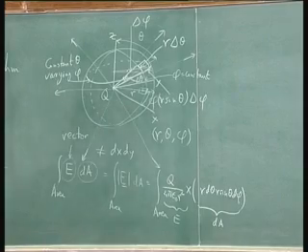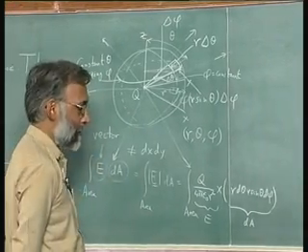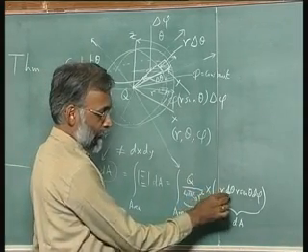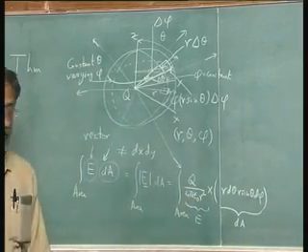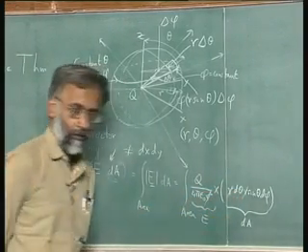Now, there is a very strange thing that happens. I mean, you have learnt it in school, you have learnt it in college, but it is still strange. Namely, there is r here, which means r squared, and there is r squared in the denominator, which means r cancels out.